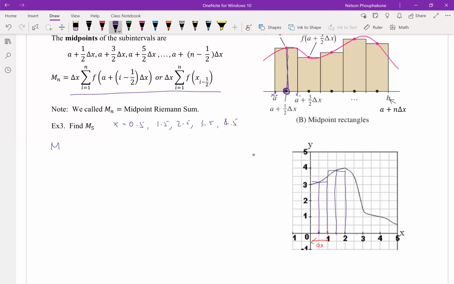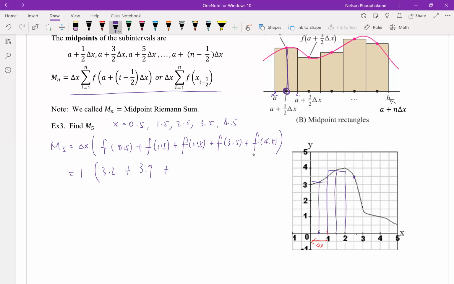So then we could have m sub 5 is delta x times f of 0.5, plus f of 1.5, plus f of 2.5, plus f of 3.5, plus f of 4.5. And again, delta x is 1. You will see that f of 0.5 is about 3.2, and f of 1.5 is about 3.9.